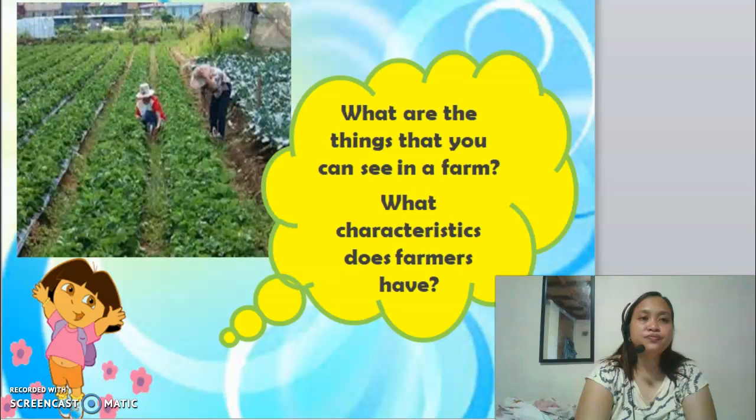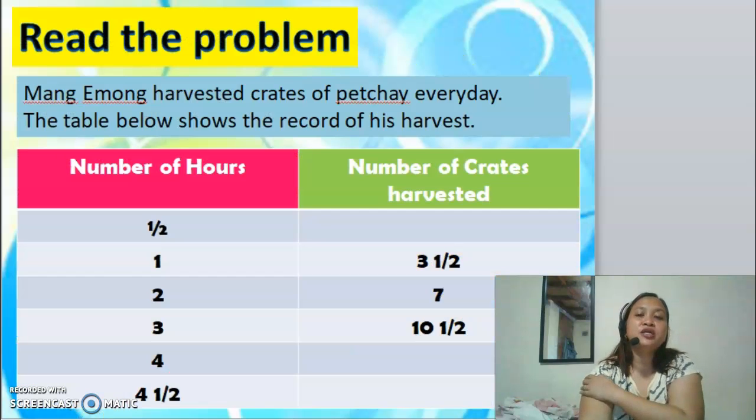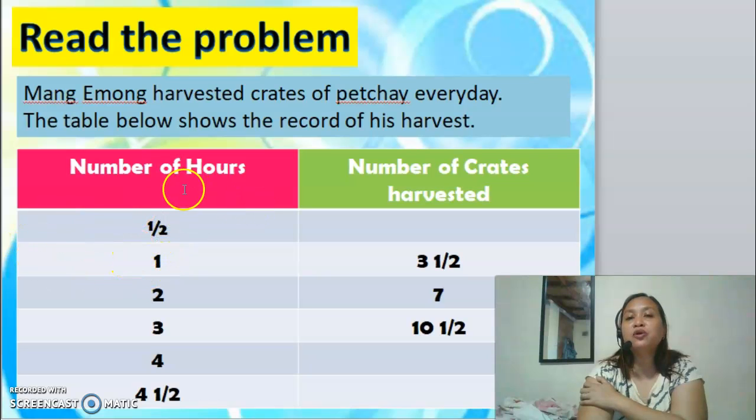Now, I want you to take a look on our screen and try to read the given problem. Mang Emong harvested crates of pechay every day. The table below shows the record of his harvest. The pink one here is the number of hours, while the green one on your screen is the number of crates harvested.